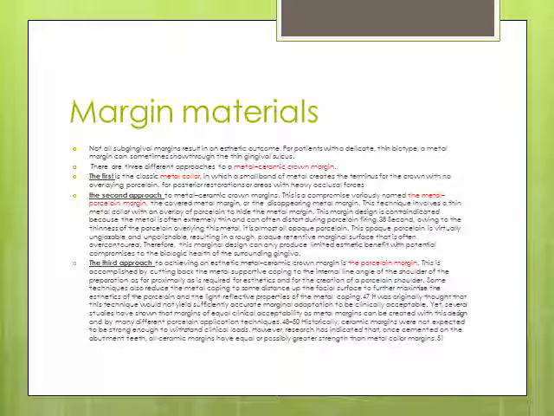The third approach to achieve an aesthetic metal ceramic crown margin is the porcelain margin. What we do here is that the collar is not made of metal, it's only porcelain. So the metal will not reach the end of the preparation. We make a cut-back metal supportive coping to the internal line angle of the shoulder of the preparation, as far proximally as is required for aesthetics and for the creation of the porcelain shoulder.